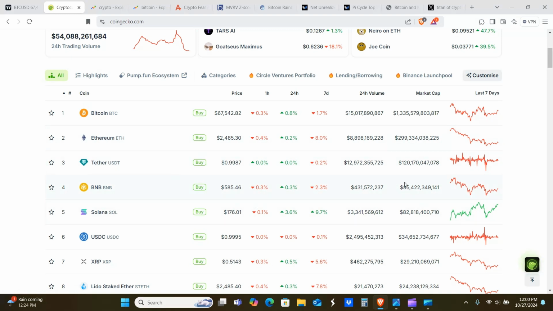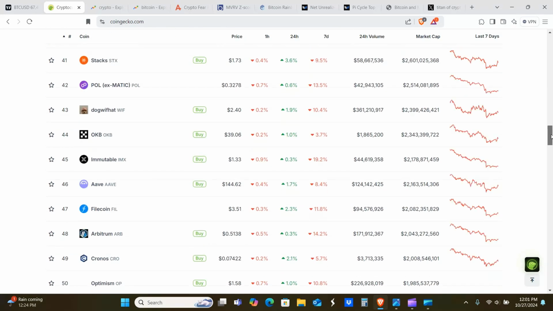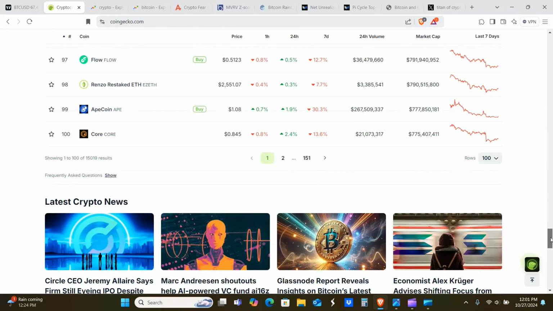I mean, it could happen, but then that would put it at $850 billion, which would be above Ethereum. I just don't think that's going to happen. But the general consensus here is the larger the market cap of a project, the less upside it has. Okay, the smaller the market cap, the more upside it has. But the further down the market cap you go, the more risky the project becomes.